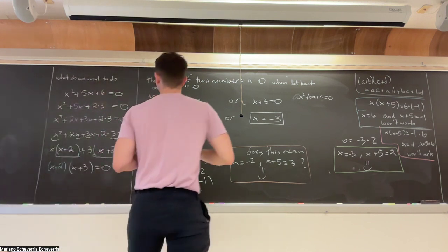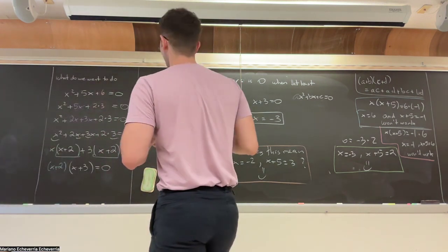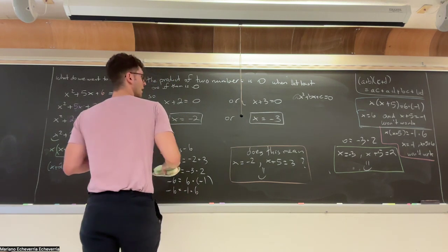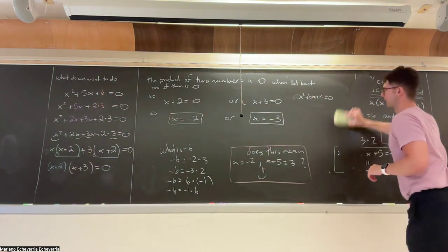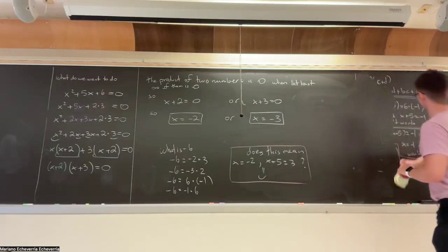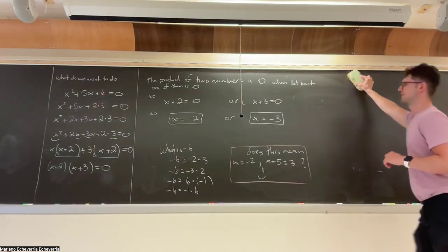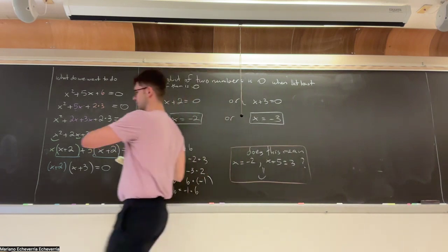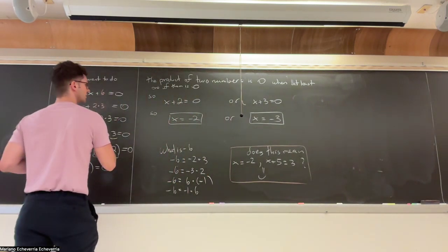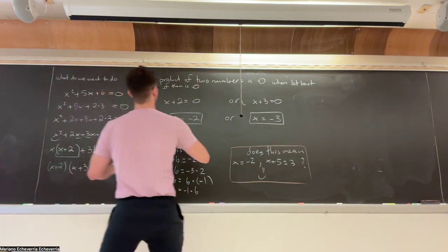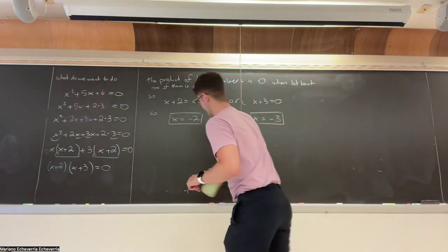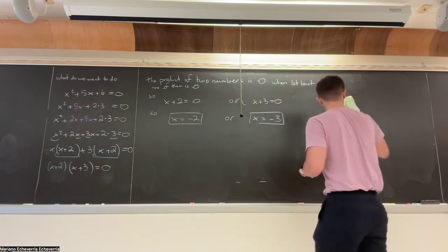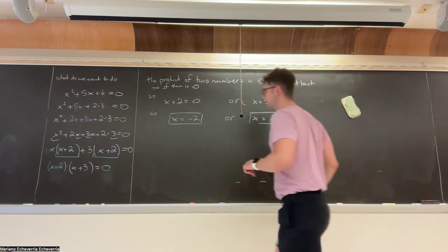So basically, let me try to explain what the strategy is, and then I'll do some more examples to show you how this works out. So what is this strategy? So what is the main idea?